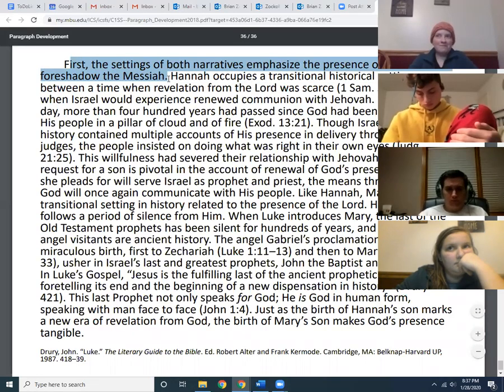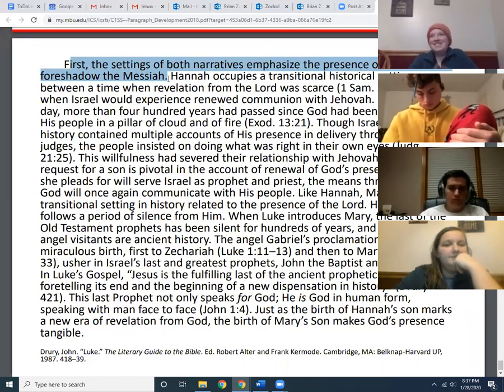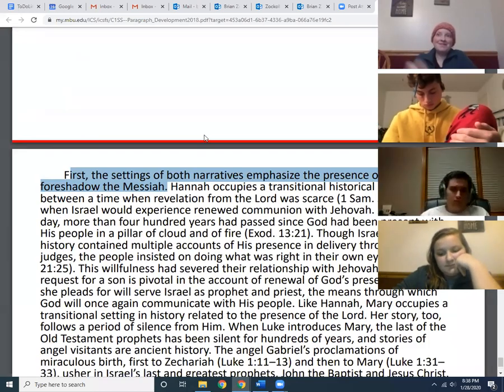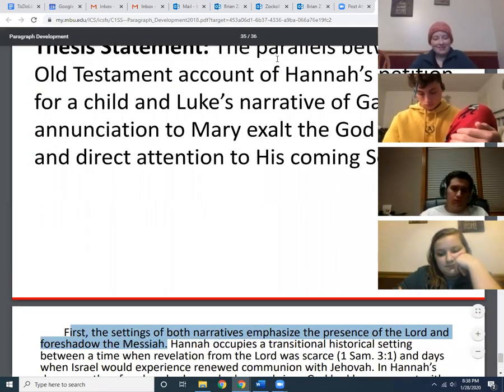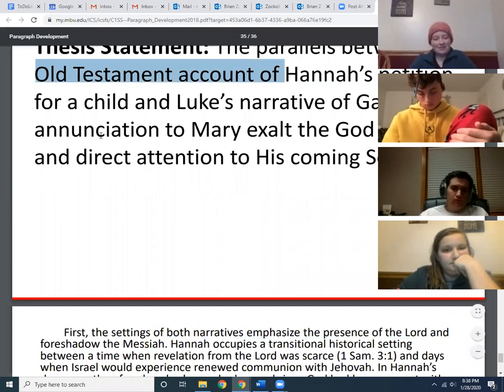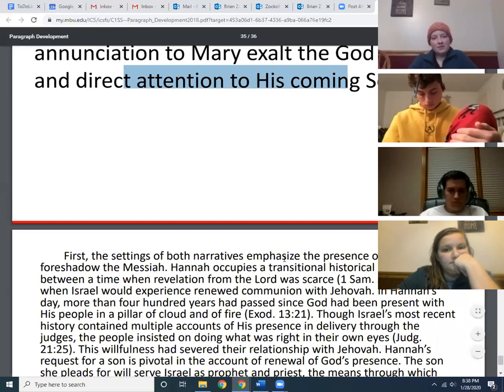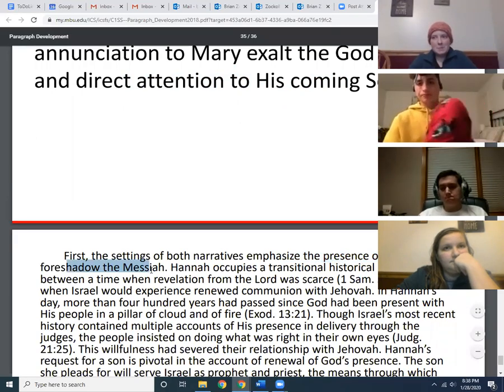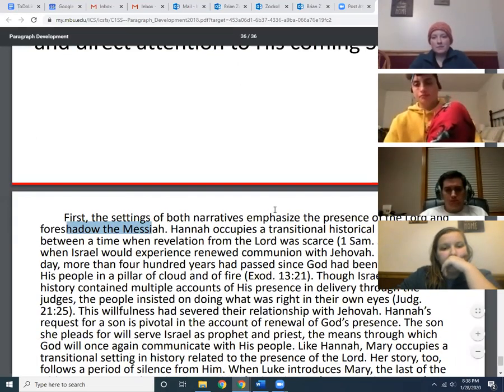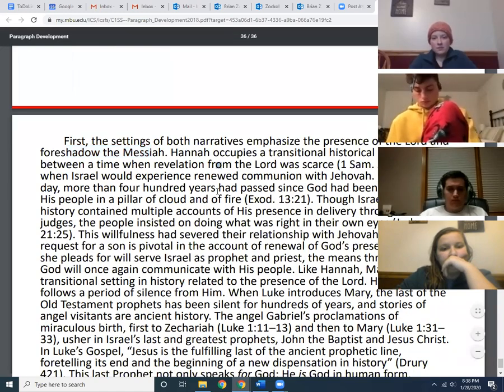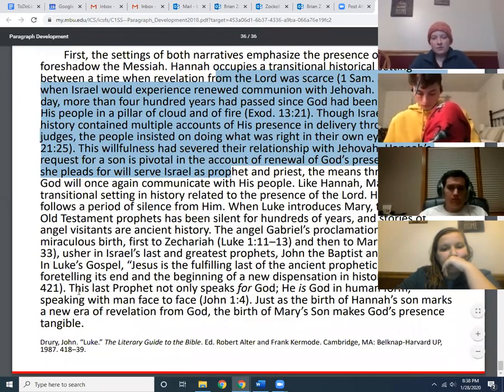So in this case, we know from the topic sentence that we'll be discussing both stories; it says both narratives emphasize the presence of the Lord and foreshadow the Messiah, which ties directly back into the parallels that exalt God and direct attention to the Son. Here we have the presence of the Lord, which is directing us to the Son, and we have foreshadowing the Messiah, directing us to the Son. So if you read through this paragraph, it actually does exactly that.